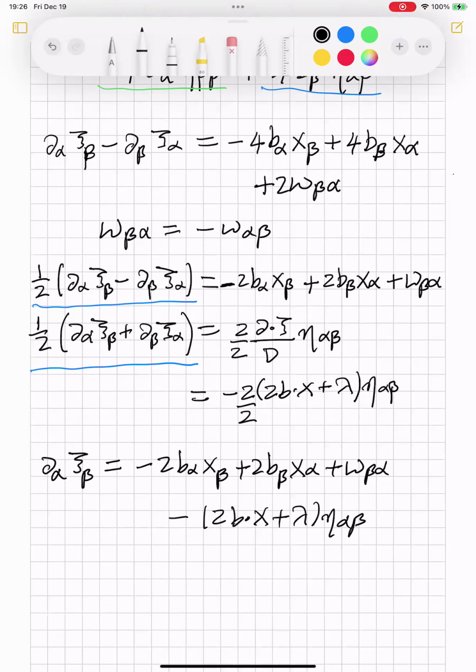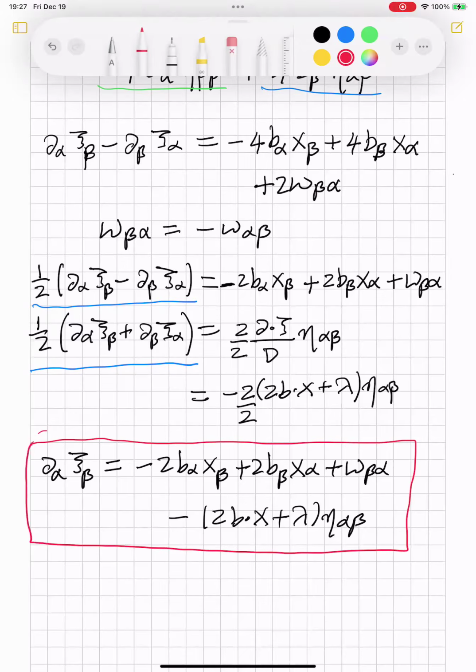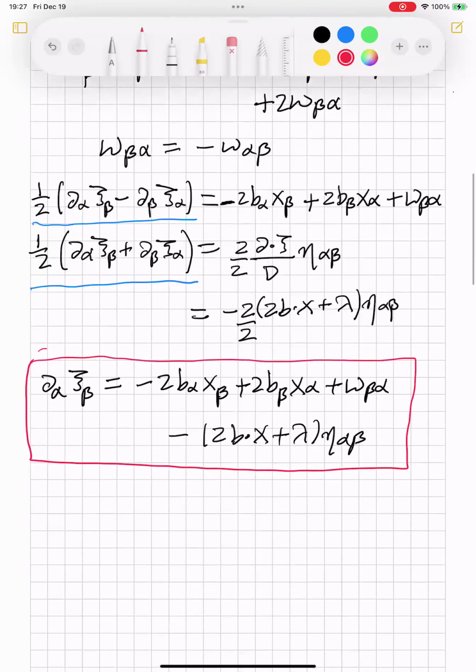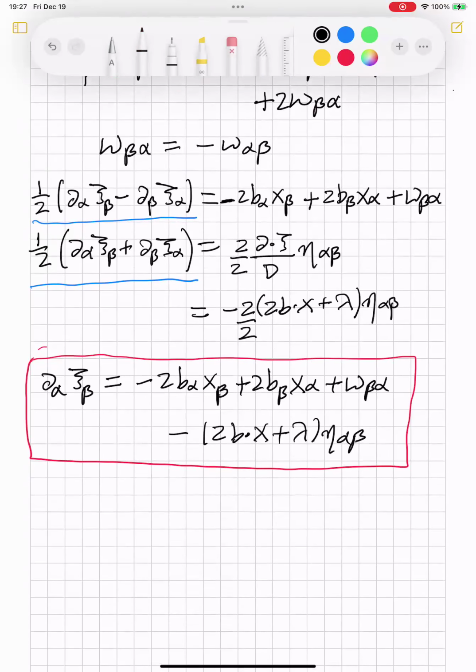And now to get my conformal Killing vector, I'm just going to integrate this equation. So this equation in the red box, I'm going to try to integrate it, and it's pretty easy to do by inspection. So now we'll get zeta beta is equal to. So which terms are easy to integrate?